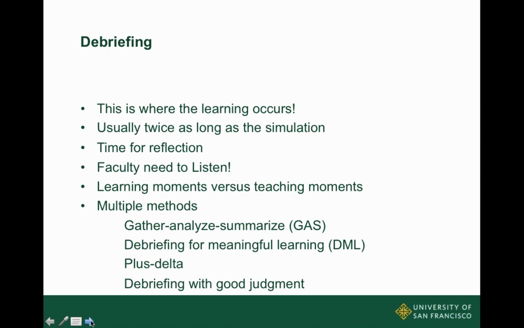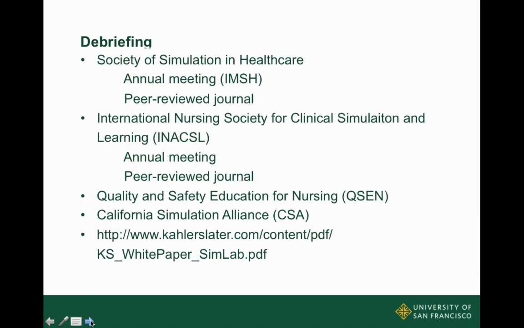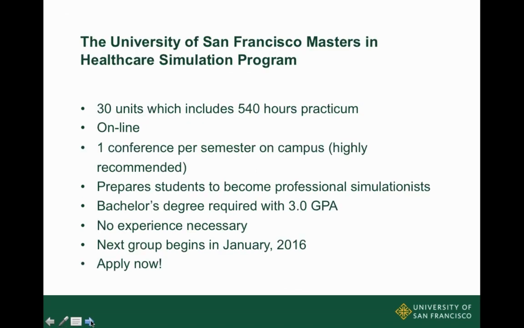And so we, depending on the facilitator and their comfort level, and depending on the scenario and the students, may use a combination of both. I would say the plus delta is a really good way to sort of end the debriefing by saying, okay, so let's talk about what went well and what areas that you'd like to work on in the future.